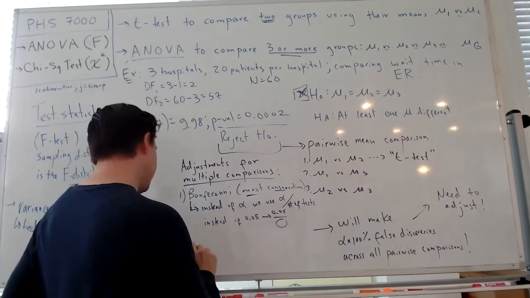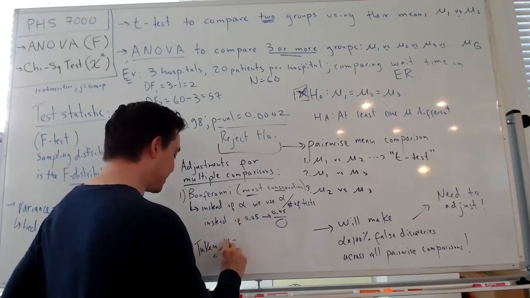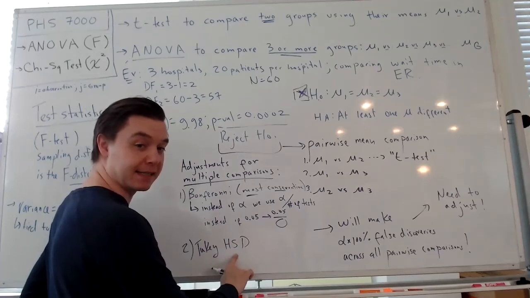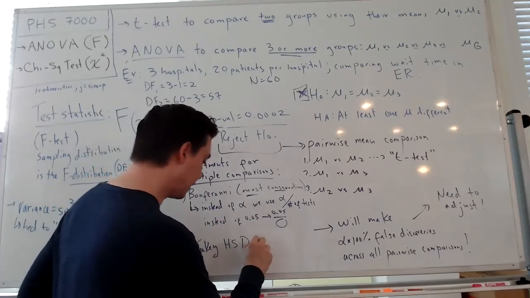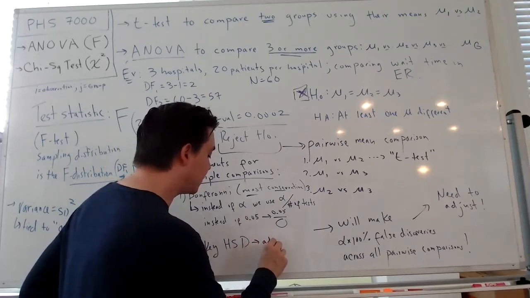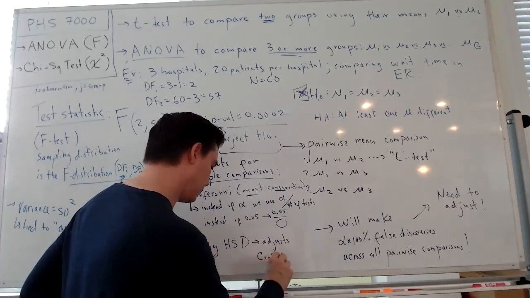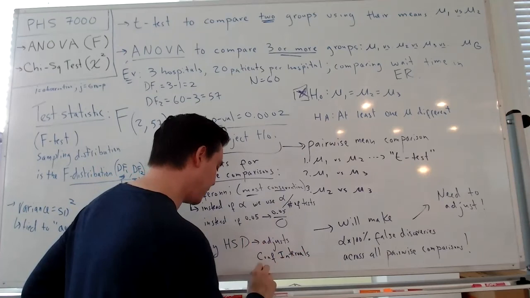The other one is called the Tukey HSD. I always thought it was interesting. HSD stands for honestly significant differences. It adjusts the confidence intervals and p-values.